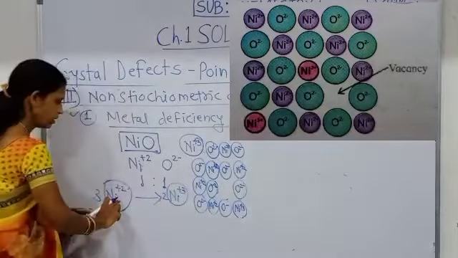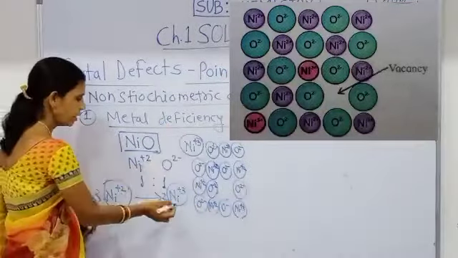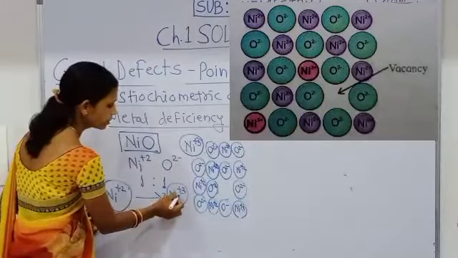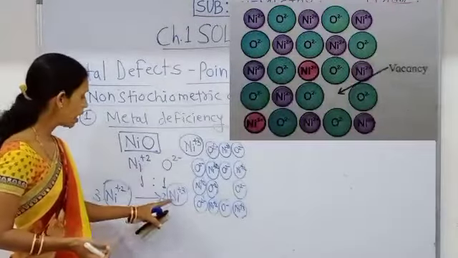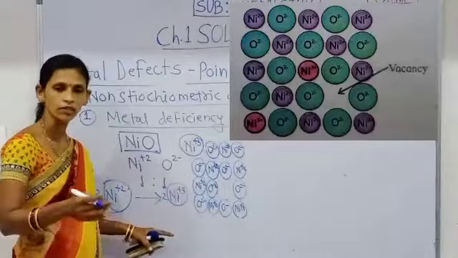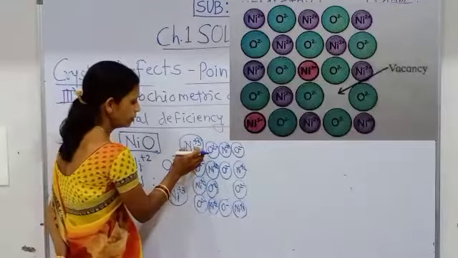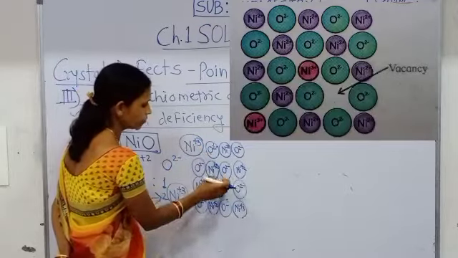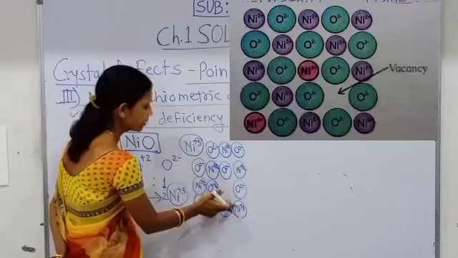Ni2+ is the host ion, and Ni3+, the higher oxidation state ion of nickel itself, displaces the Ni2+ ions from two different sites.